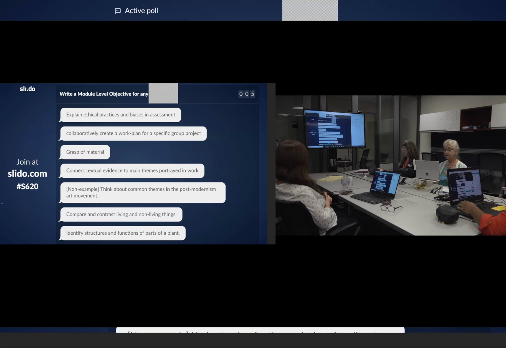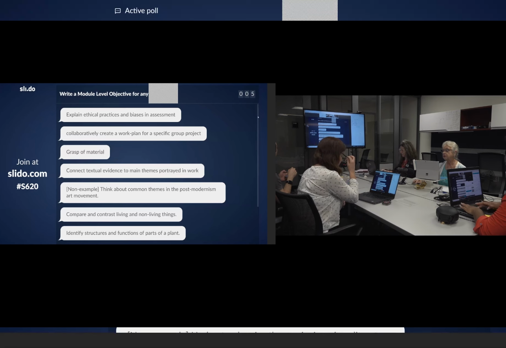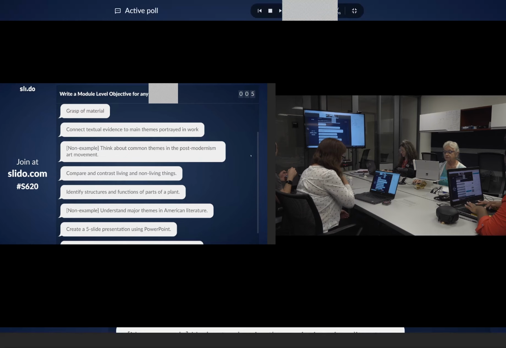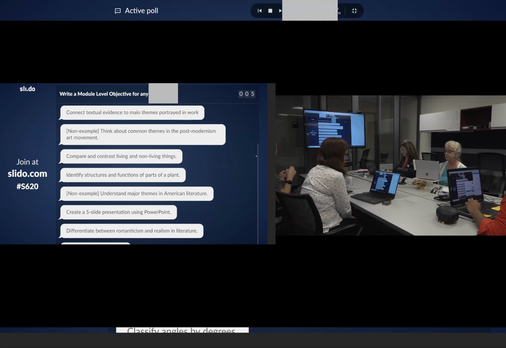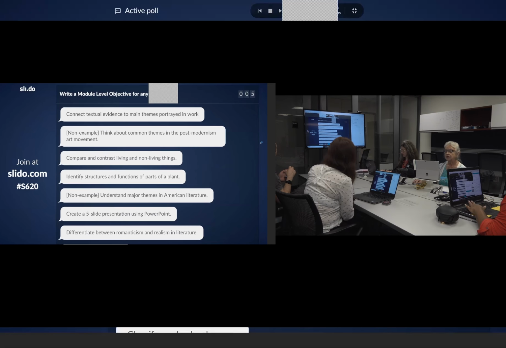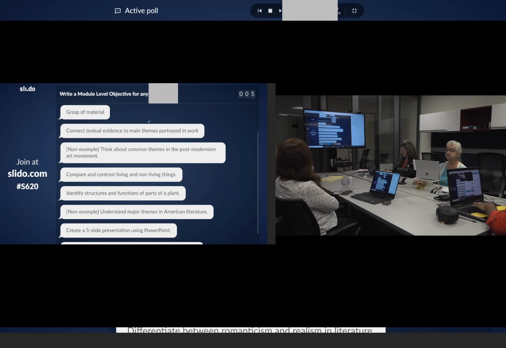I think we had one come in: differentiate between romanticism and realism. And the first one at the top: connect textual evidence to main themes portrayed in the work. Common themes in the postmodern art movement.